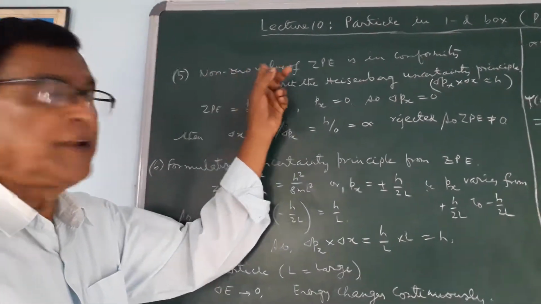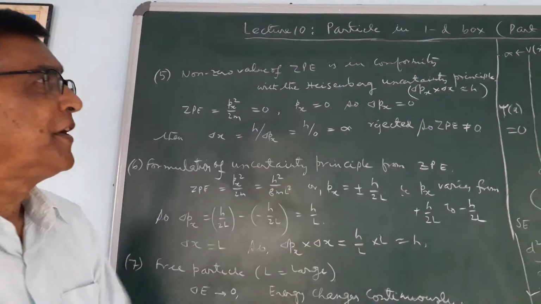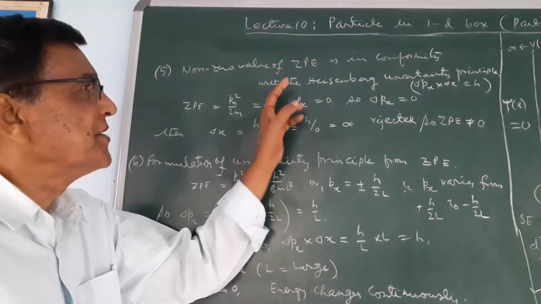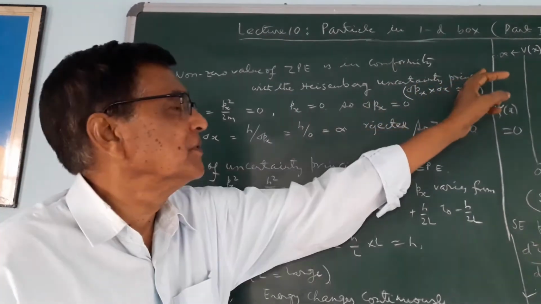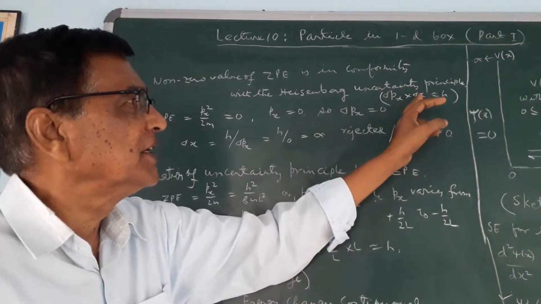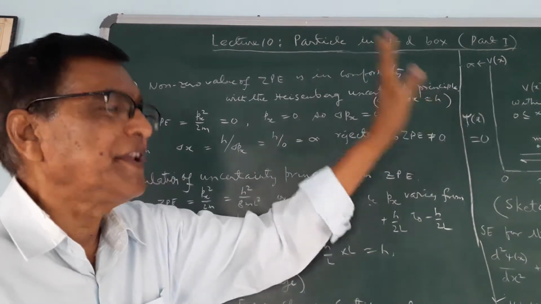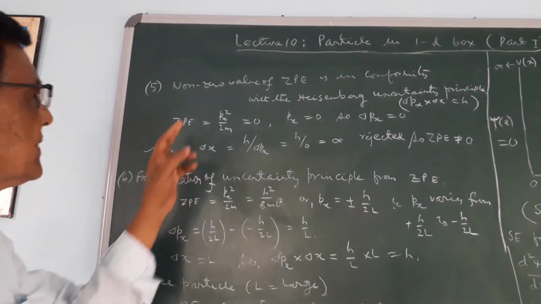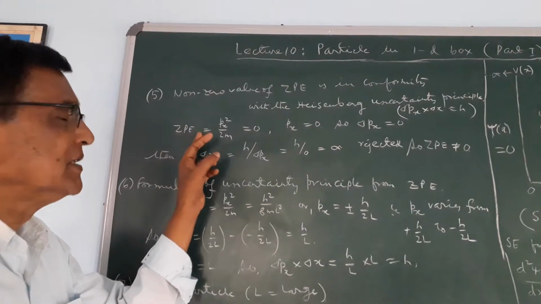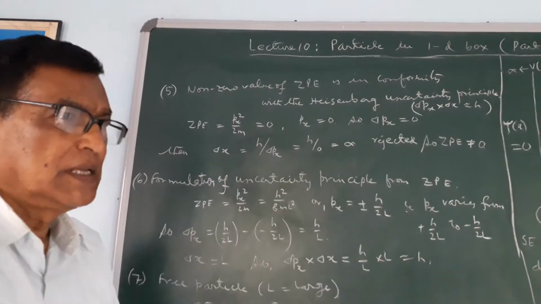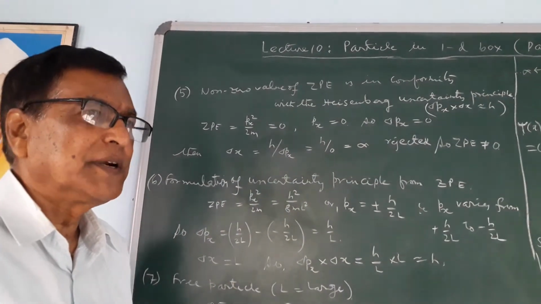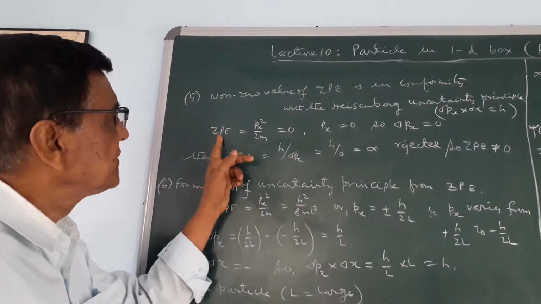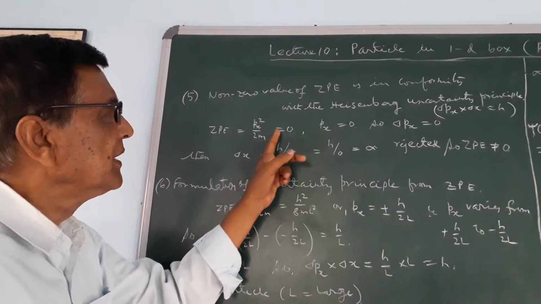The non-zero value of this zero point energy is also in conformity with the Heisenberg uncertainty principle. That means delta px into delta x is approximately h. We can show that if the zero point energy would be 0, it is not 0 actually, but if we think it would be 0, then px square by 2m equal to 0.